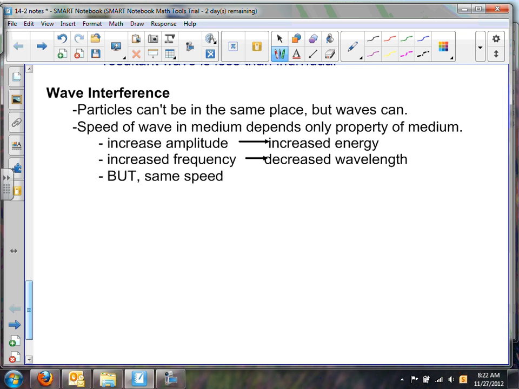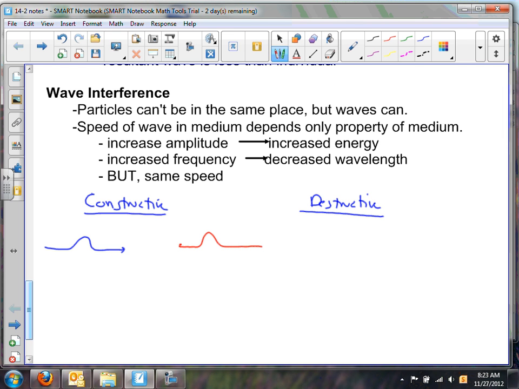So now I'm going to show you those examples of constructive versus destructive interference. Let's imagine I've got a wave going like this, and another wave traveling like this.